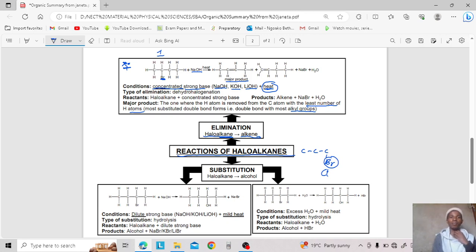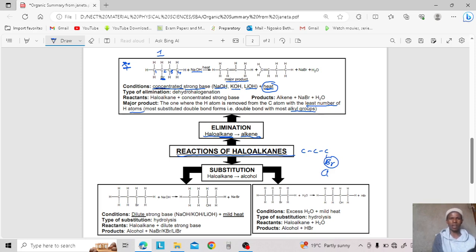So we remove the H from the carbon with the least number of hydrogens. Carbon 1 has 1, 2, 3 hydrogens. We will not use this one because it holds the Br. Carbon number 2 and carbon number 3 have fewer, and the last one, number 4, has 1, 2, 3.